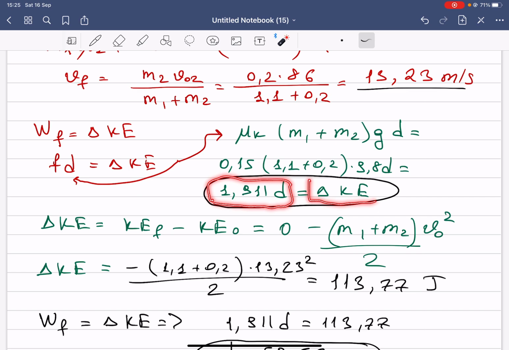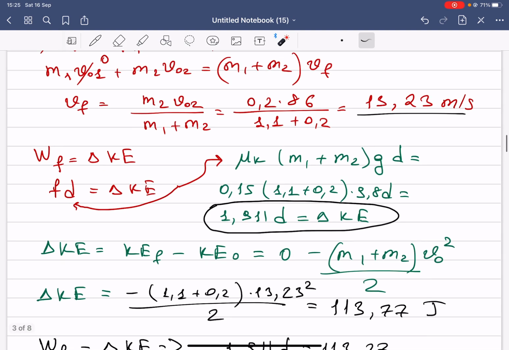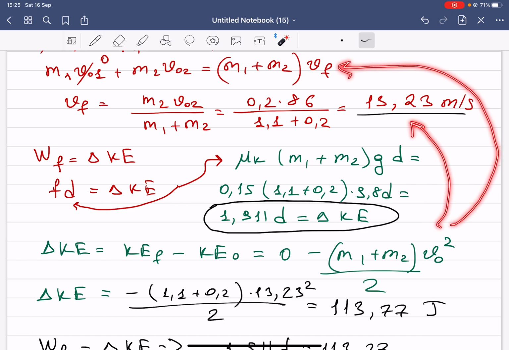What about the change in kinetic energy? The change in kinetic energy will be equal to the kinetic energy final minus the kinetic energy initial. The final kinetic energy will be equal to 0 because it is mv squared over 2, and our initial kinetic energy will be equal to the total mass m1 plus m2 multiplied by v initial squared over 2. This v initial is the one where it just started with the highest velocity.